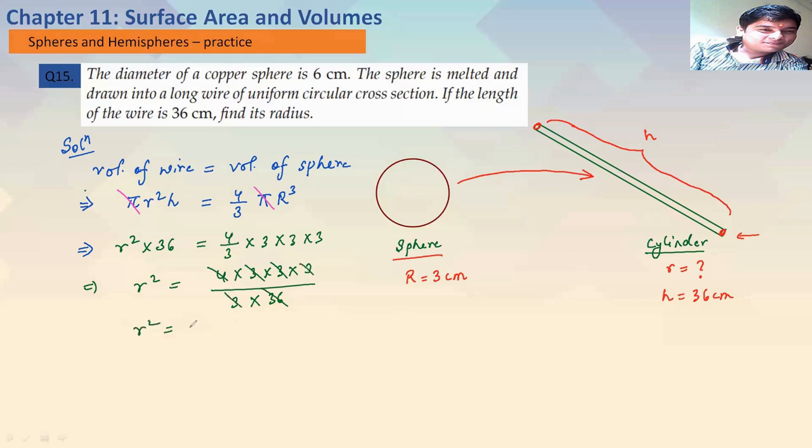So we have r square is equal to 1. If r square is 1, what is r going to be? 1, of course, square root of 1 would be 1. So this is 1 centimeter, the radius of the cross section of the wire. Radius of the cylinder. Done.